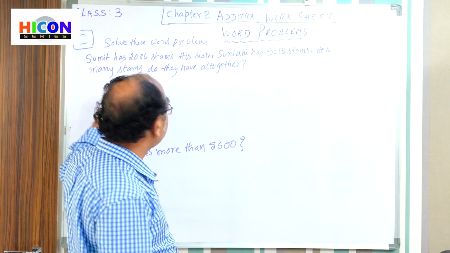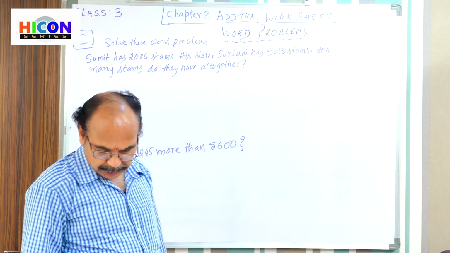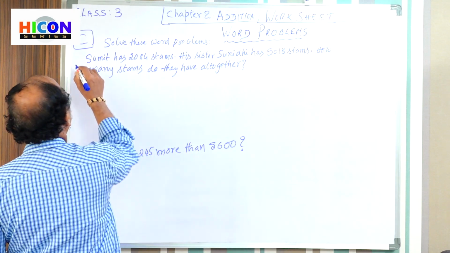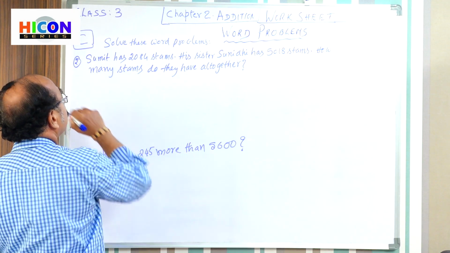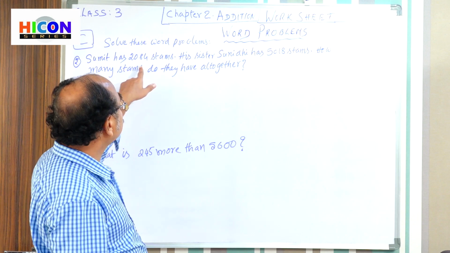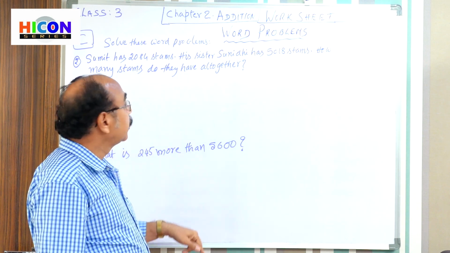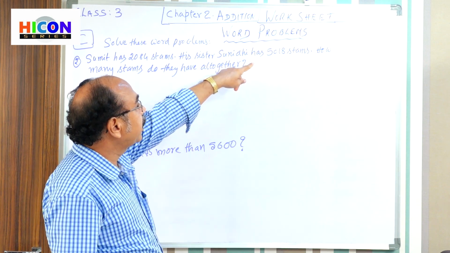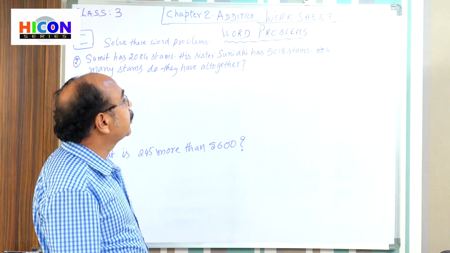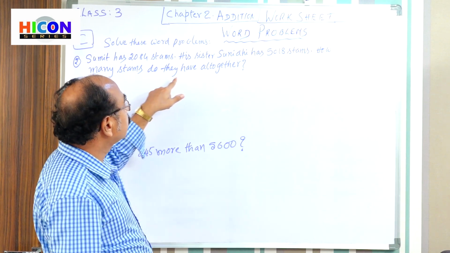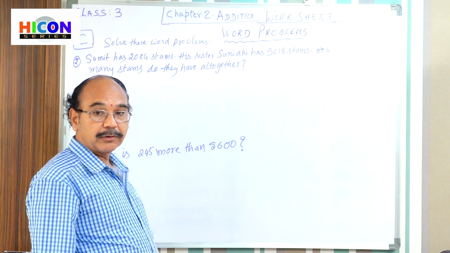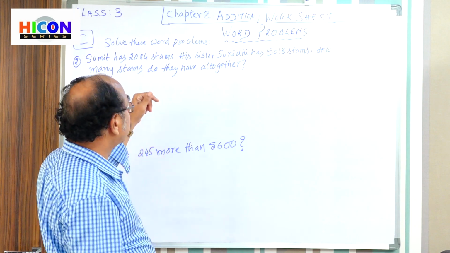So this question you see, first question. This is question number 2. Sumit has 2084 stamps. His sister Sunidhi has 5018 stamps. How many stamps do they have altogether? This is the question.